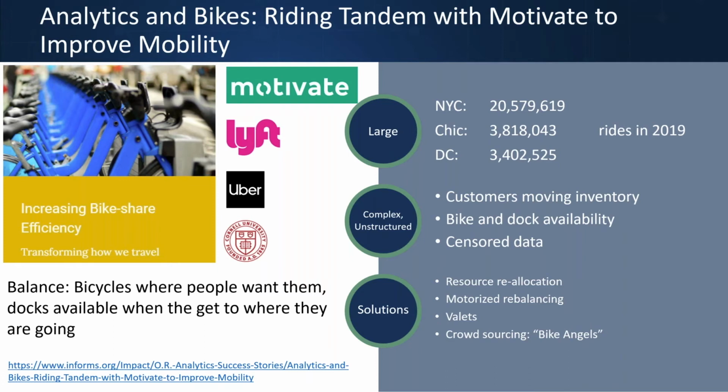They worked with Lyft, Uber, and Cornell University on the problem that they need bicycles to be present where people need them and want them. And they also need docks to be available when people get to where they're going. So if you think about someone commuting into a city, and a lot of people are taking bicycles on a nice spring day, the bicycles in the suburbs are going to get rented out very quickly in the morning.